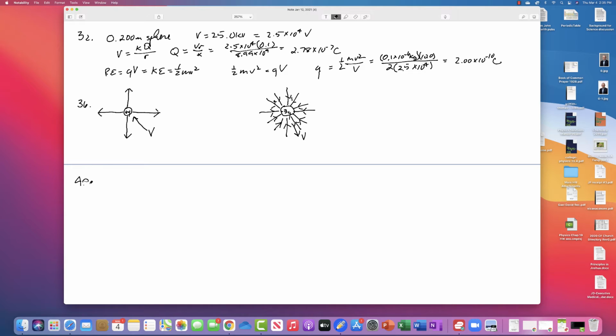Looking at number 40, it wants to know the interaction between these two particles, essentially. So you have a minus 3, and you have a positive 1 over here. And again, all of these are headed like this, and they engage 3 of the ones from the other side. And because it's positive over here and negative over here, the direction here is this way. And because this is greater, there are no other lines out here.